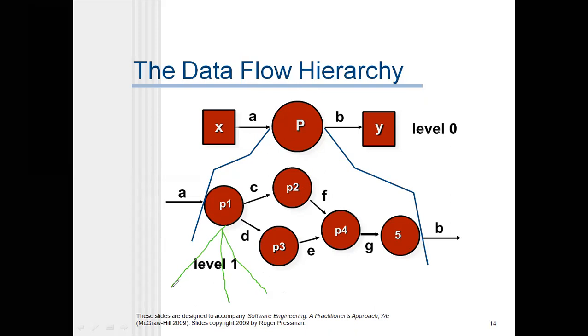If you represent it like this, this is the level 2 representation. Again P1 has 3 submodules for detailed description. Like this, maybe this 5 is also having 2 or 3 descriptions. How does the diagram look?